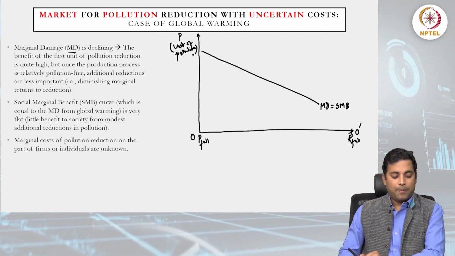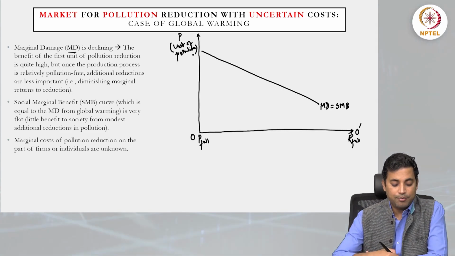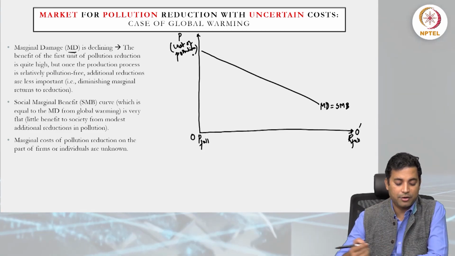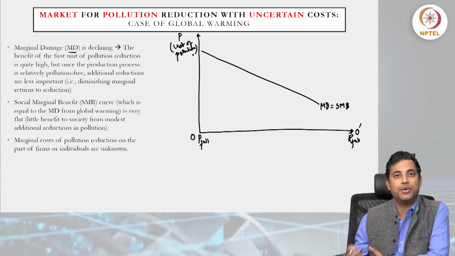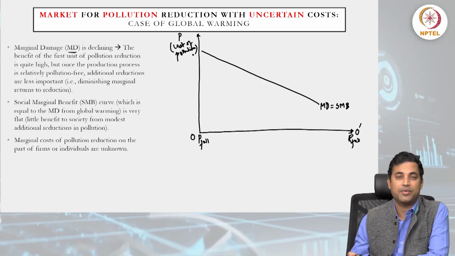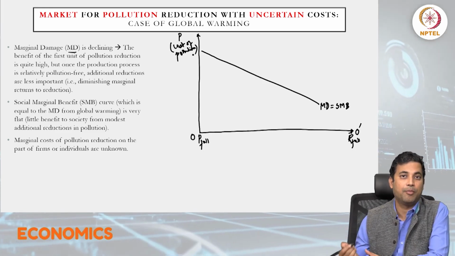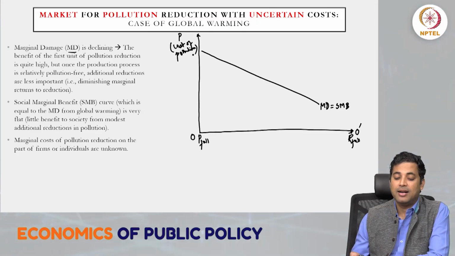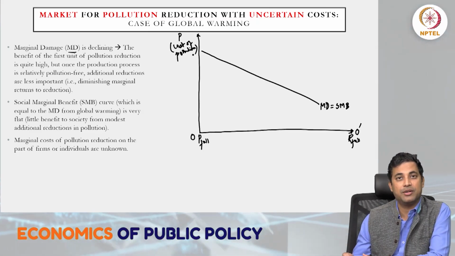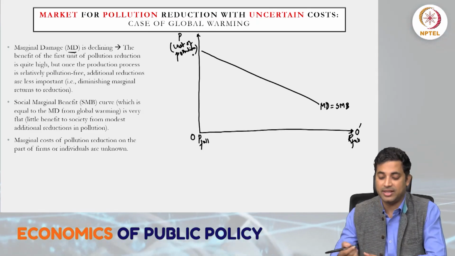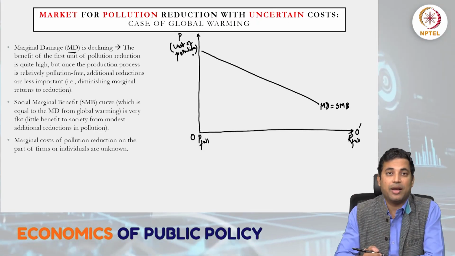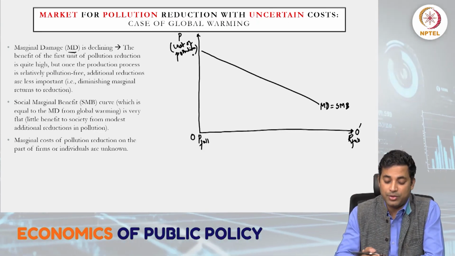Now the marginal cost of pollution reduction on the part of firms or individuals is unknown. So the point we are trying to discuss is the market for pollution reduction, but with uncertain cost, where neither the government nor the firm knows.